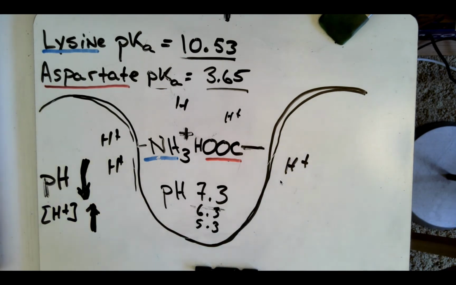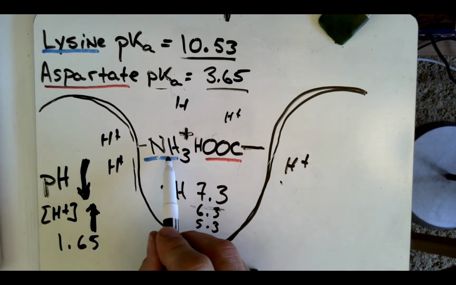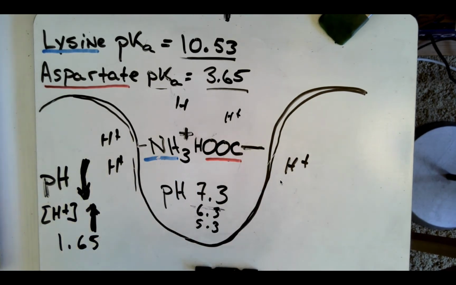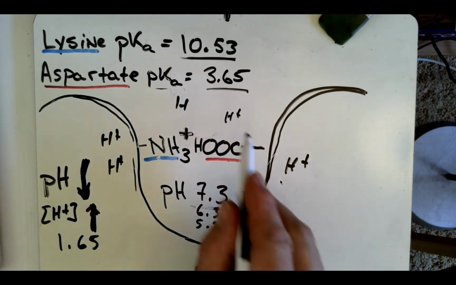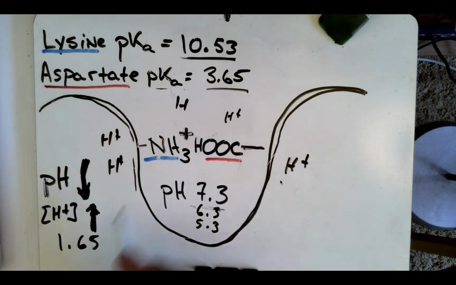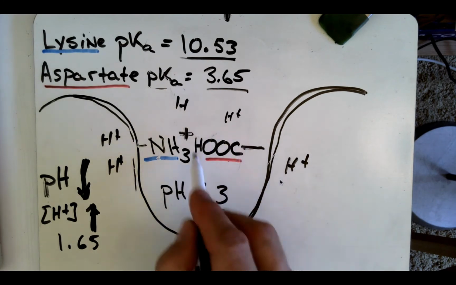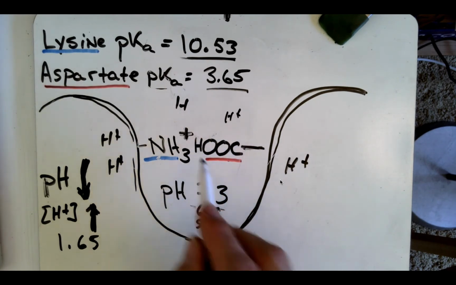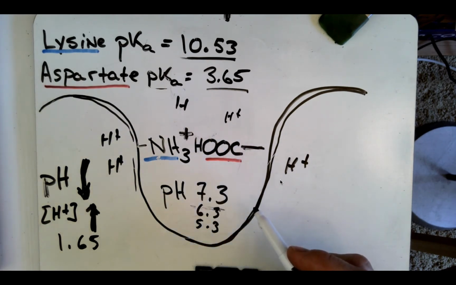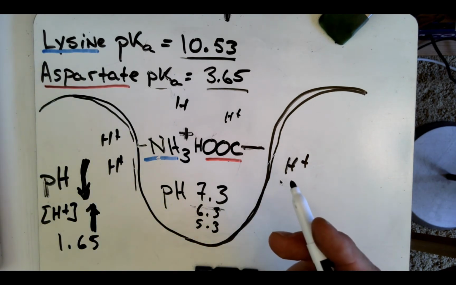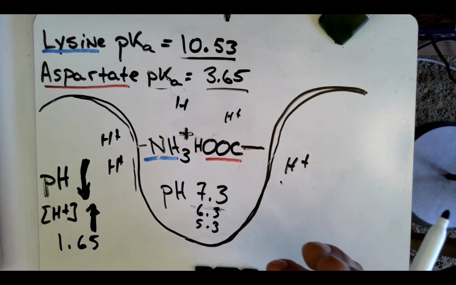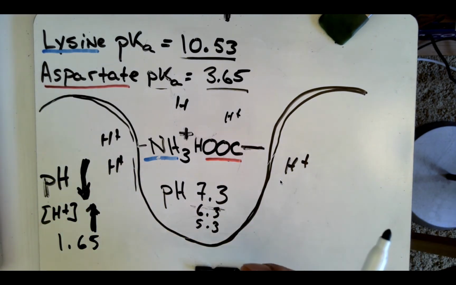So at this super low pH, let's say pH 1.65, we know our amino group is going to be protonated. It was protonated a long time ago. But we now know, since we're 2 units below, that almost 100% of our carboxyl groups are going to be protonated as well. We no longer have that ionic interaction, and that protein is going to denature.